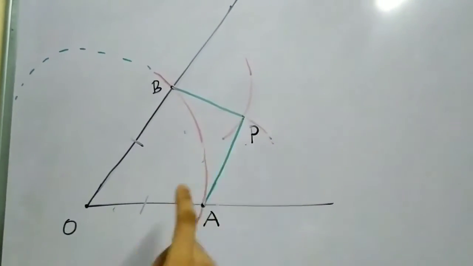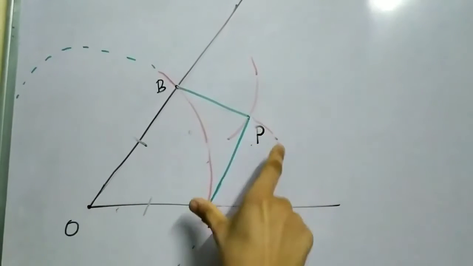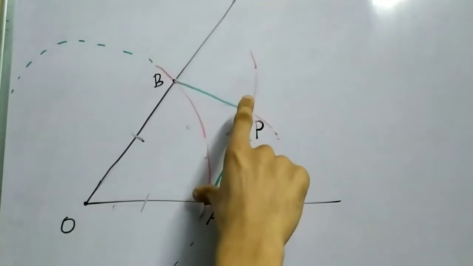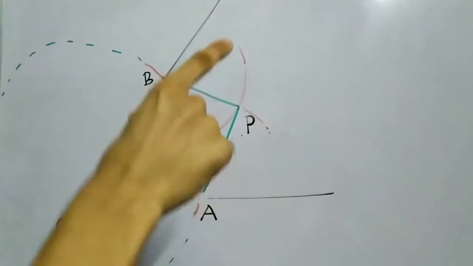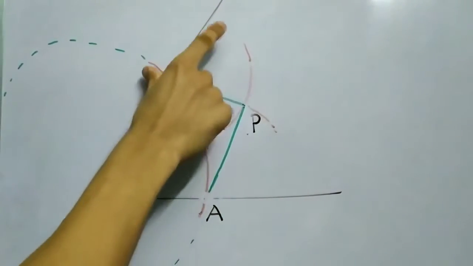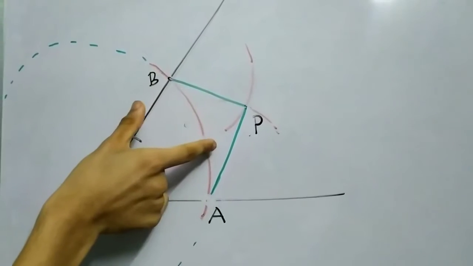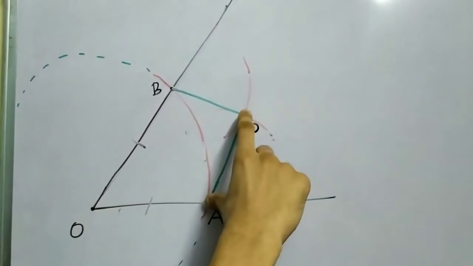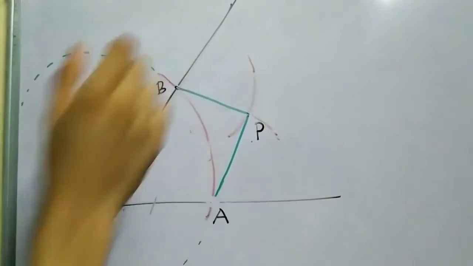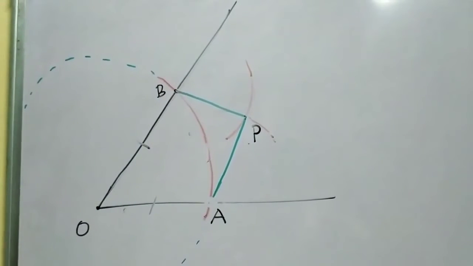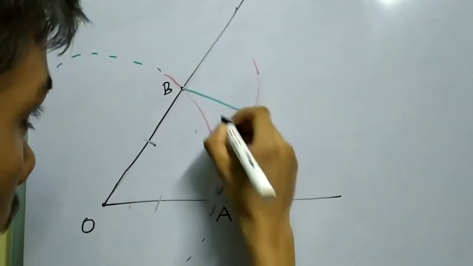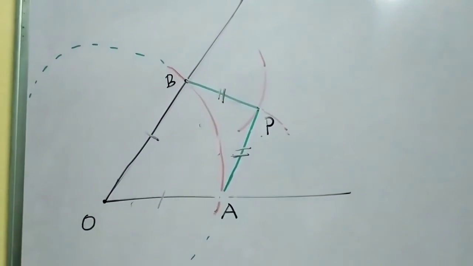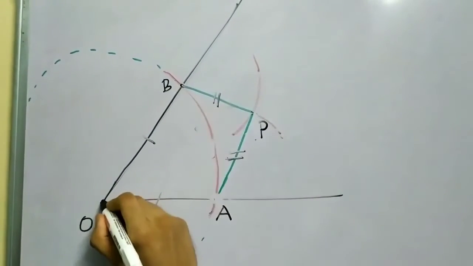Why? Because we didn't change our length of the compass. So we took our compass, made an arc, and with the same length we made this arc. So the length of the compass didn't change, so AP is equal to BP. These two are equal, and then finally we join OP.